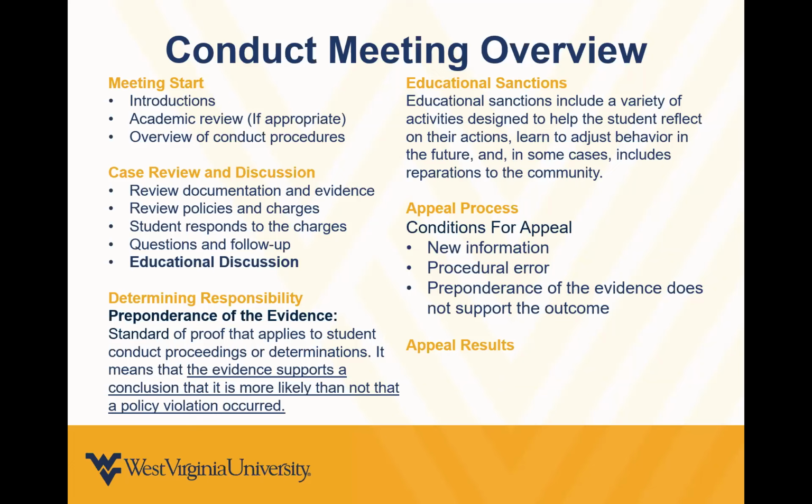As a result of the appeal, the appellate officer can uphold or modify the original decision, uphold or modify the behavior plan, and/or send the case back to be reheard or reconsidered. I should also note that while a case is on appeal, the assigned sanctions are on hold until the outcome of the appeal.